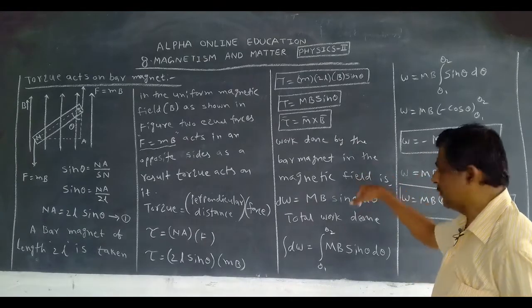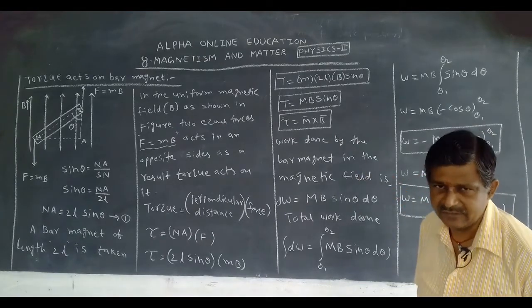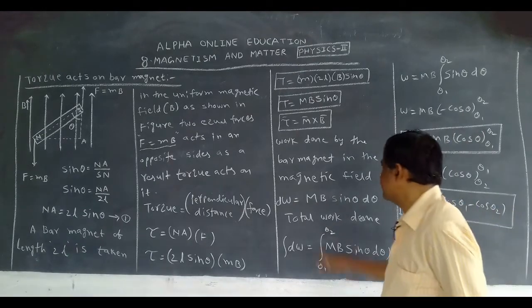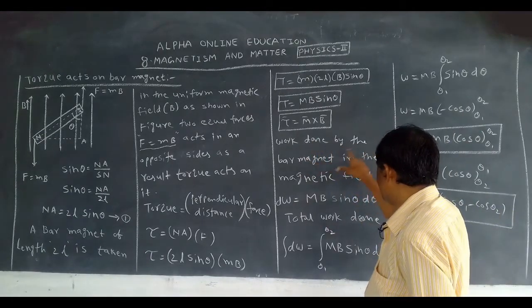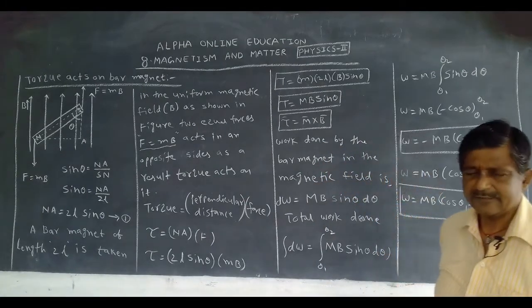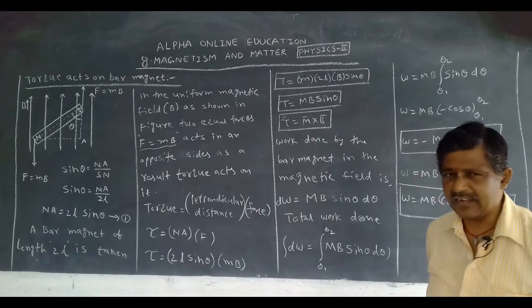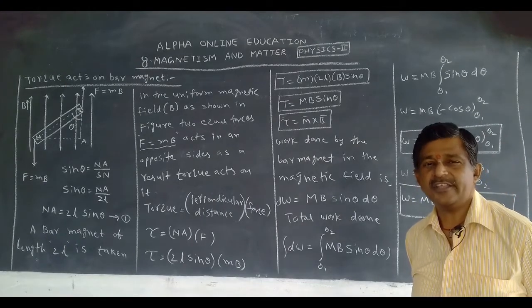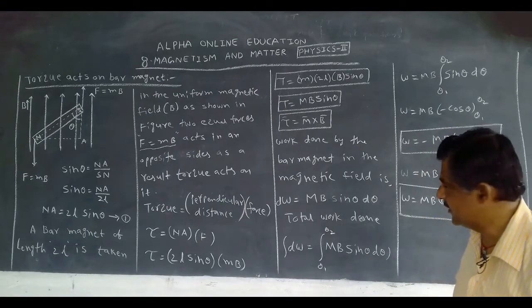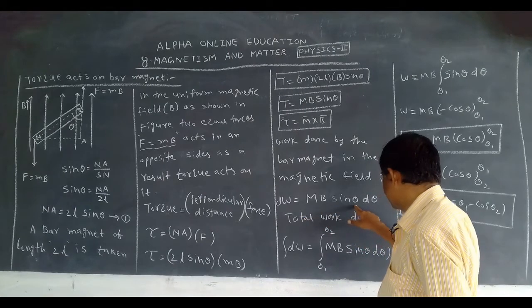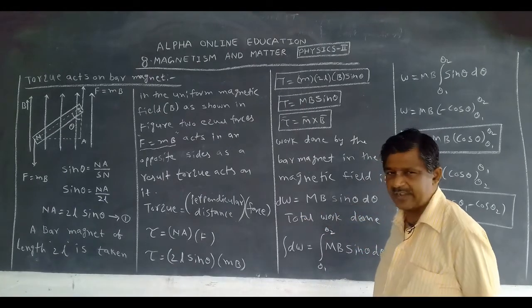And next topic. In this one we get an equation that we can use while doing the problems. Now what is that? Work done by the Bohr magnet in the magnetic field. We know that work, how can we write work in rotatory motion? Work is equal to torque into angular displacement.